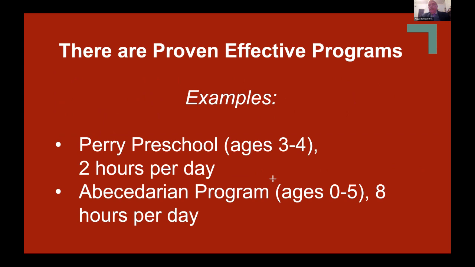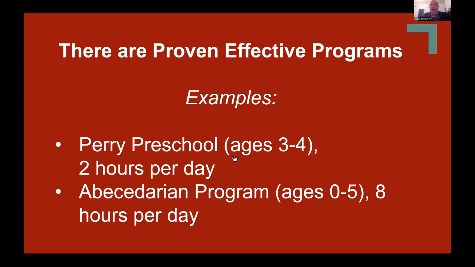So let me give you some examples of programs that actually target families, that start looking at children early on and target those disadvantaged children. And there are 2 that have received a lot of attention. There's a program that was done almost 60 years ago now in the Perry Preschool. It's a town in Ypsilanti, Michigan.